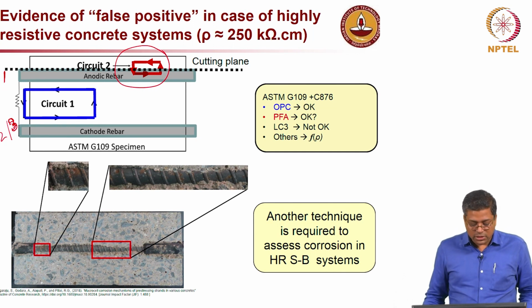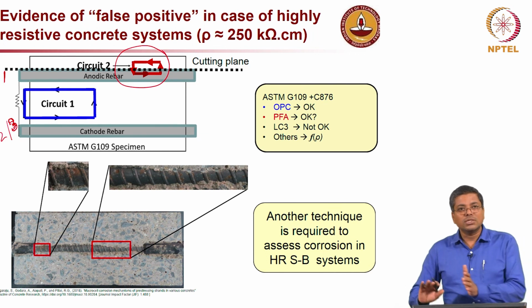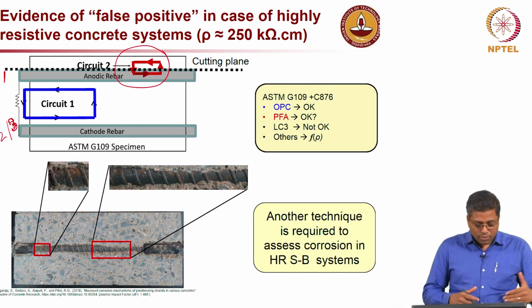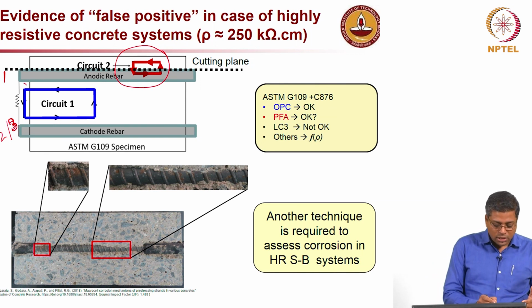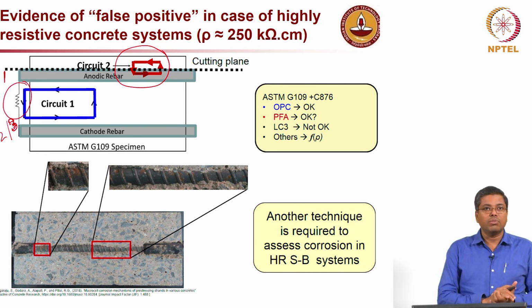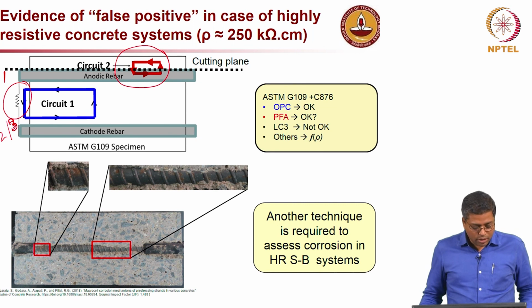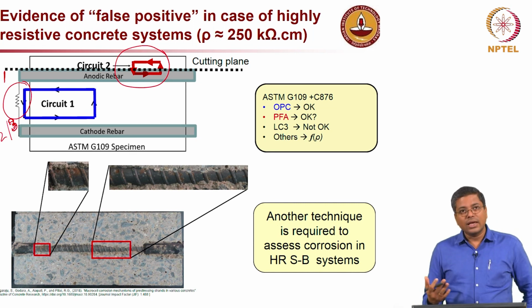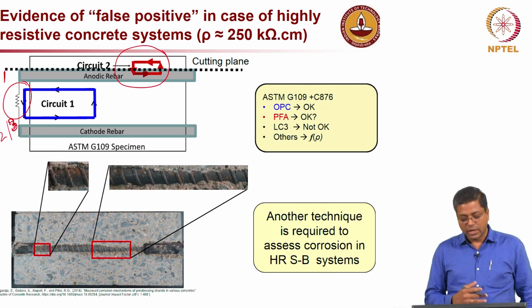That is circuit 2. So, corrosion is happening on the top rebar itself, but when you take measurements across the resistor between the top and bottom, you cannot make any judgment on that. Again, it gives you a false reading.